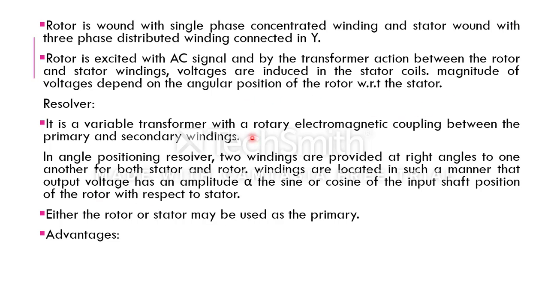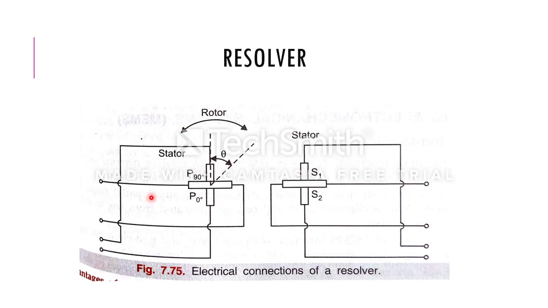A resolver is also similar, where we can get the angular position. You can see this diagram. Here is the stator, and the rotor is placed at 90 degrees to the stator. Here also we have the transmitter and the receiver.